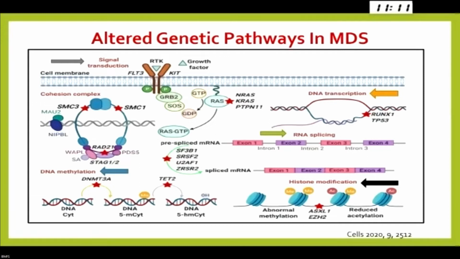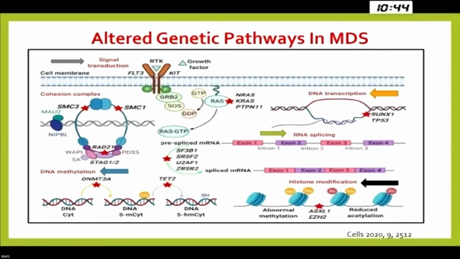Then when you move on to the splicing mechanism mutations, you have SF3B1, SRSF2, U2AF1, and ZRSR2. These are all RNA or DNA splicing site defects. And when you have the DNA transcription abnormalities, you have RUNX1 and TP53 being involved.